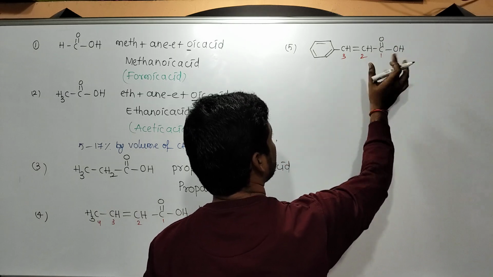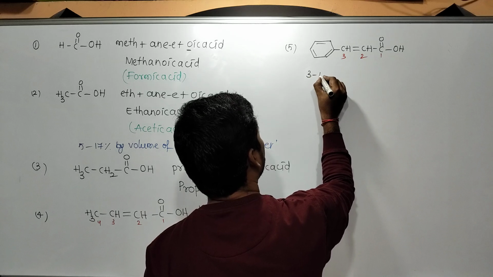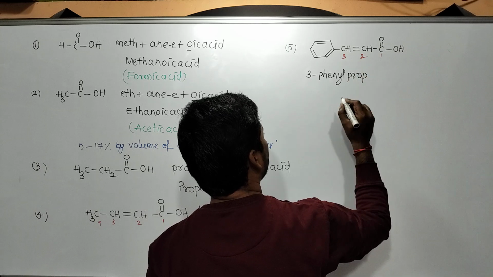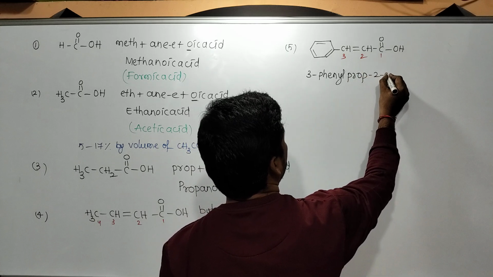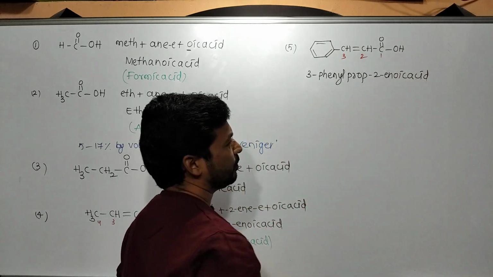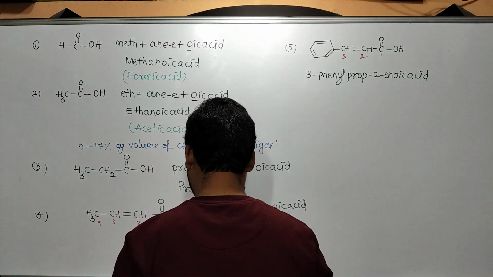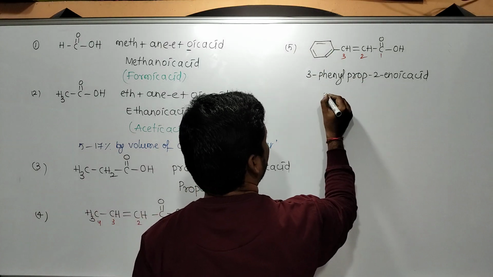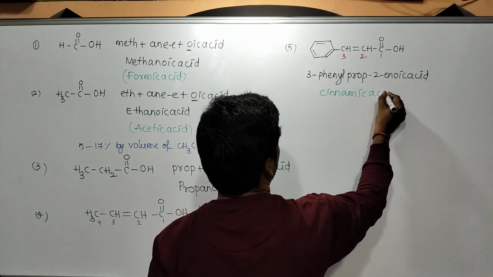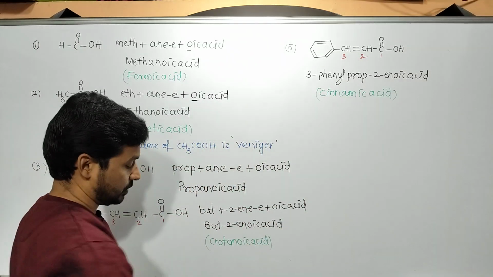Due to the presence of the functional group, this will become the parent chain. This is the third position phenyl group. So 3-phenyl, 3 carbon atoms, so prop-2-enoic acid. 3-phenylprop-2-enoic acid. This is commonly called cinnamic acid. The common name is cinnamic acid. Here this is crotonic acid.